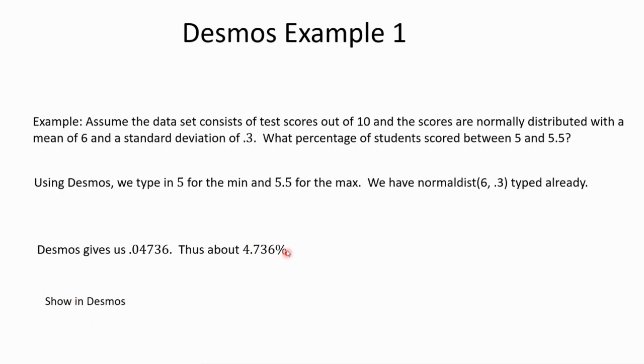I showed it in Desmos, so that's what we get here. Okay, so that's pretty good. I'm sure it's less work than finding a z-score. If I do want you to use a z-score on an exam, I will tell you that. Okay. Are there any questions on this?